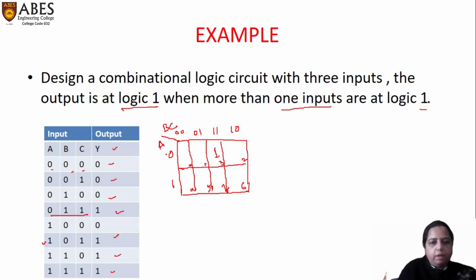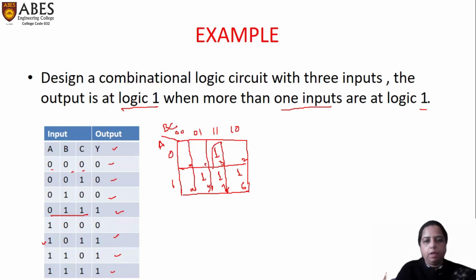Then for 5, we have 1, so again we will write 1. For 6, we have another 1. And for 7 also, we have 1. So these are the 4 places at which the output is 1, and therefore we have written 1 at 4 places in the K map.